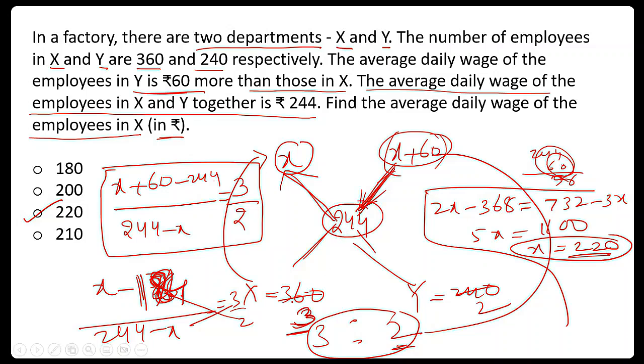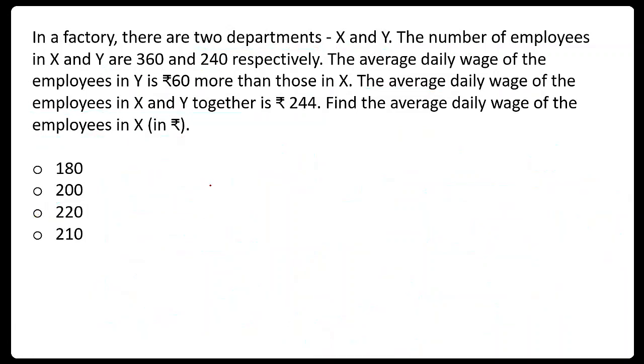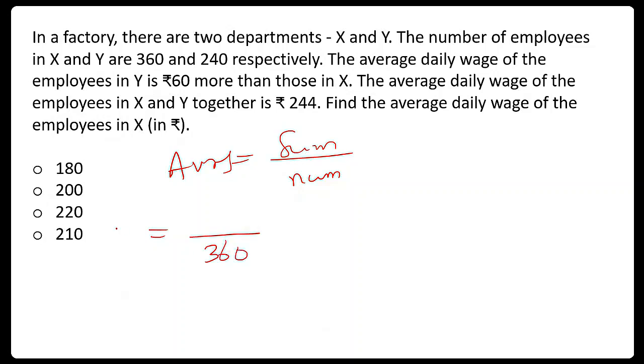Now, for those who do not like the alligation method or do not understand it, here is an alternate method. Average salary is nothing but the sum of the salaries of all the employees divided by the number of employees. In department X, the number of people is 360. We do not know the average salary, let it be x.